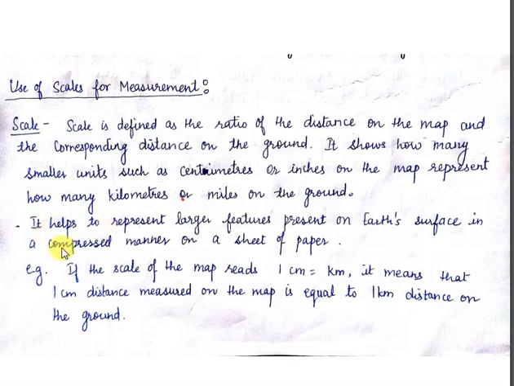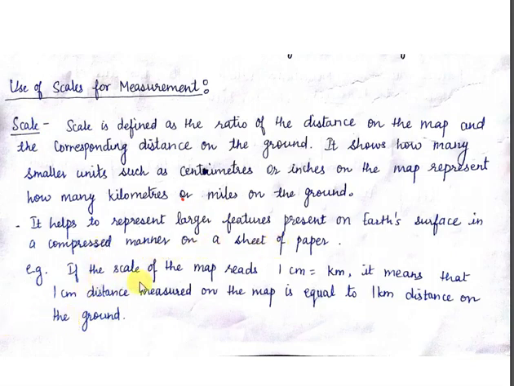Secondly, it helps to represent larger features present on Earth's surface in a compressed manner on a sheet of paper. We are not able to show the larger features on a sheet of paper, so here is where the scale comes into play. It compresses the Earth's surface features on a sheet of paper.